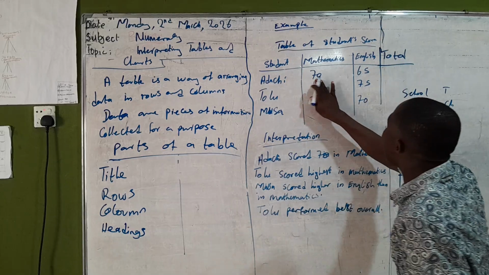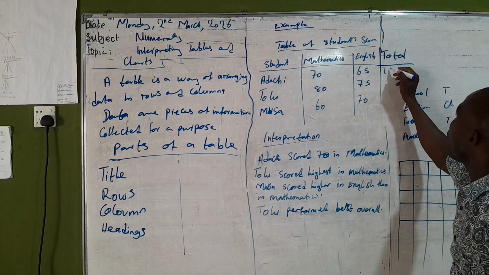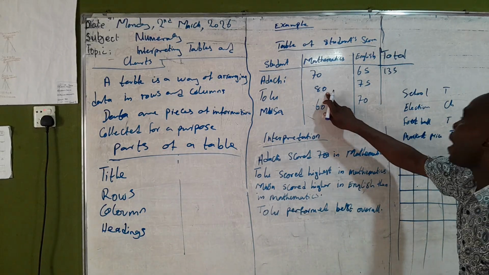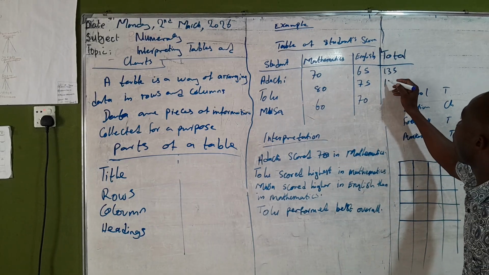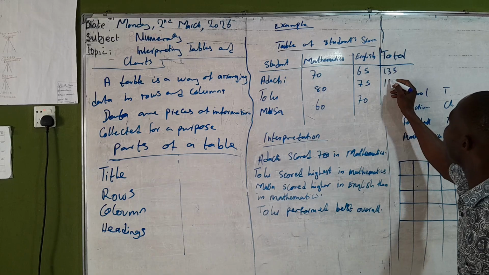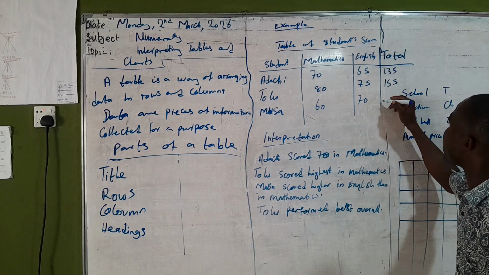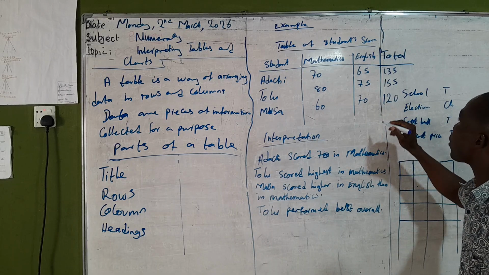If we do 70 plus 65, that will be what? 135. 80 plus 75, that will be what? 155. 60 plus 70, that will be what? 130.